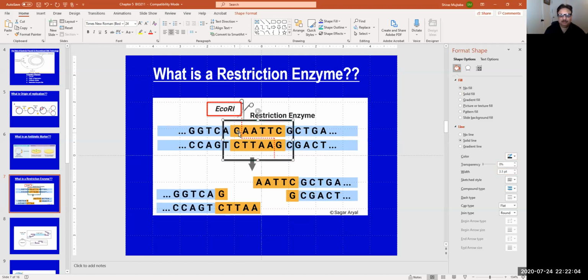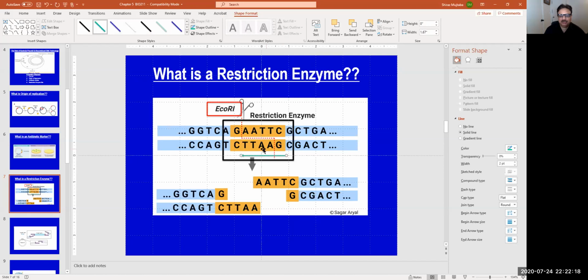If you read from this side, GAATTC, and you read from the other side, it reads GAATTC again. So they are symmetrical. This is a very special DNA sequence.